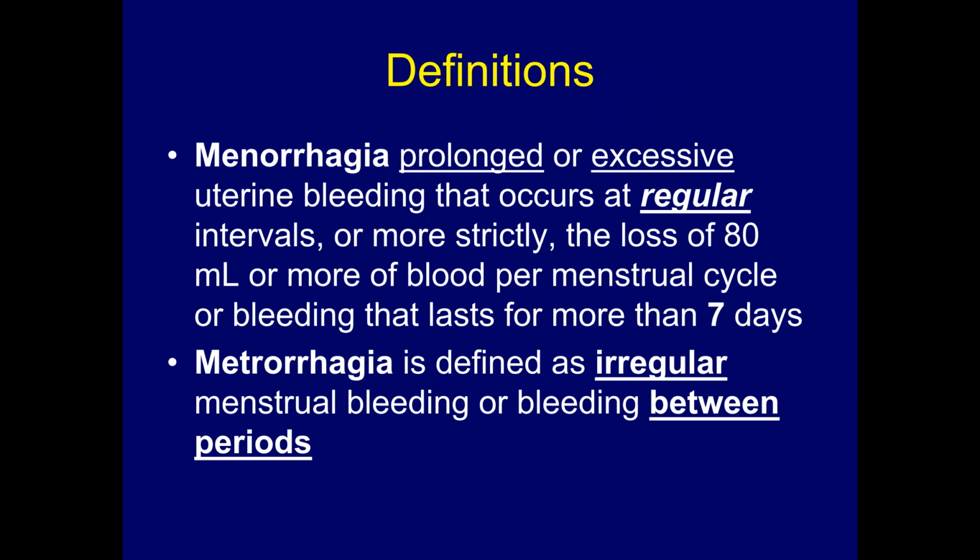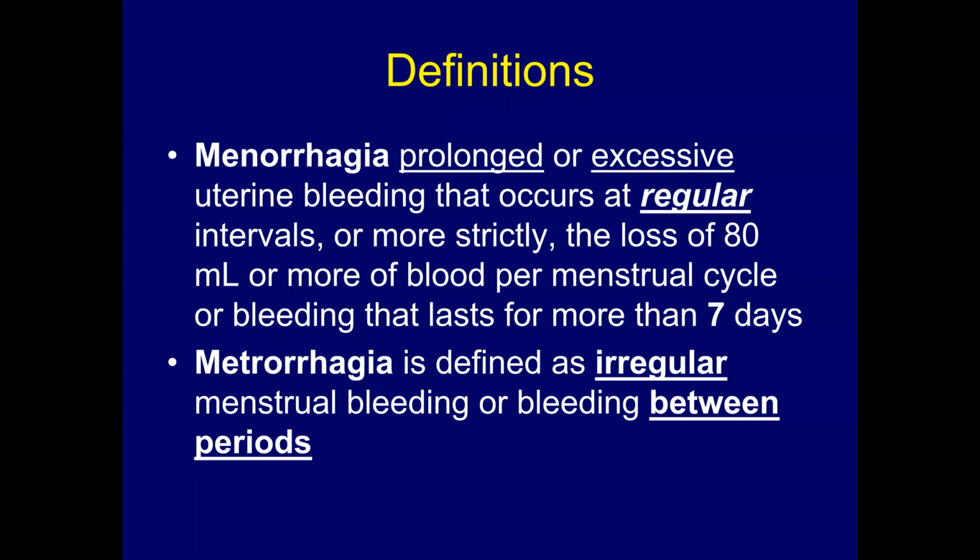Now, what's menorrhagia? Menorrhagia is prolonged or excessive uterine bleeding that occurs at regular intervals. Or more strictly, the loss of 80 cc or more of blood per menstrual cycle.